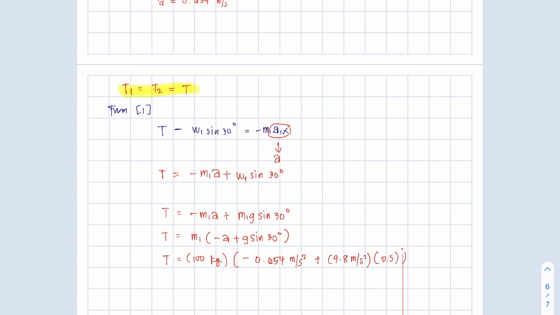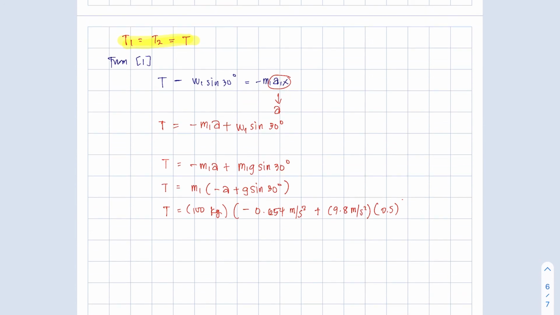So, yun. Continuing with this one, you'll have T is equal to, let me just get my calculator, 100 multiplied by negative 0.654 plus 9.8 times 1/2.